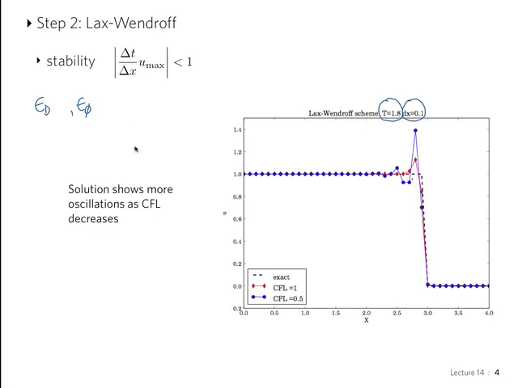In the first order method, we have more numerical diffusion. In the second order method, we have more numerical dispersion. Okay? So that's Lax-Wendroff. Anything else about this? Okay, no. That's it. There are more oscillations, and they're more pronounced as the CFL number decreases.